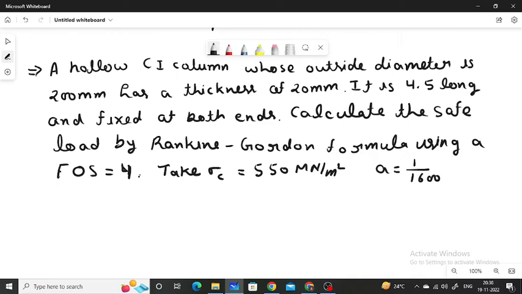Okay, a hollow cast iron column whose outside diameter is 200 mm has a thickness of 20 mm. It is 4.5 meter long and fixed at both ends. Calculate the safe load by Rankine formula using a factor of safety 4. Take sigma c is equal to 550 meganewton per meter square and A is equal to 1 by 1600.